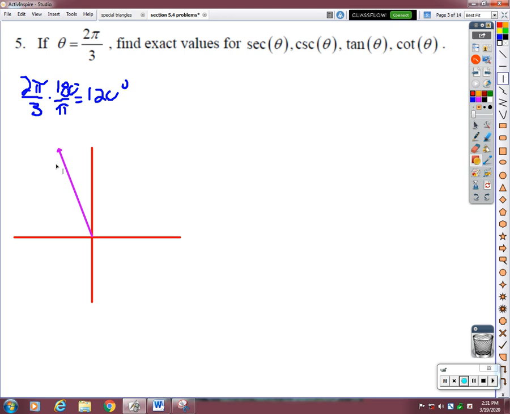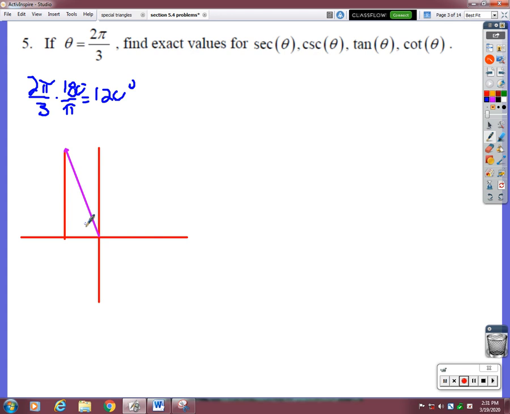So that means that this time I have a 60-degree angle down here. And this is a 30. So this is 1. This is 2. And this is square root of 3. Of course, this is negative 1. Alright, so coordinates of this point, negative 1, square root of 3.